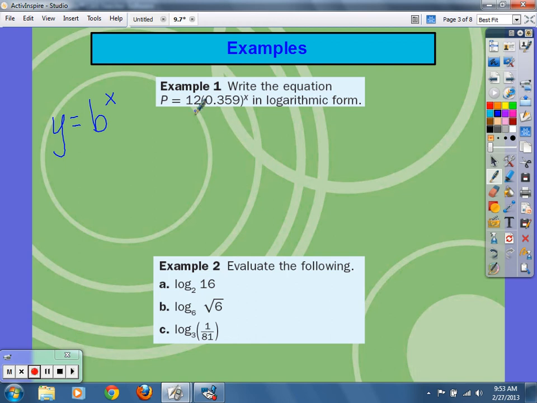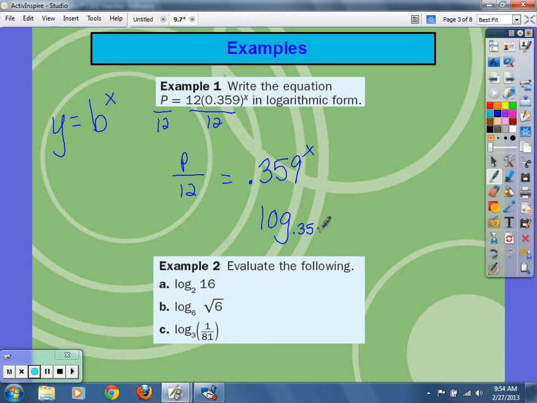So what I can do is divide both sides by 12 first, and I have p over 12 equals 0.359 to the x. Now I should be able to write it in logarithmic form. It's going to be log base, what is the base? 0.359. That's okay.